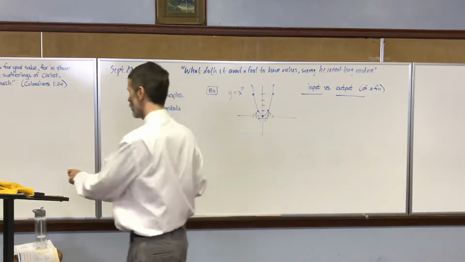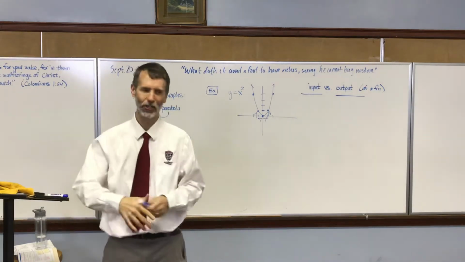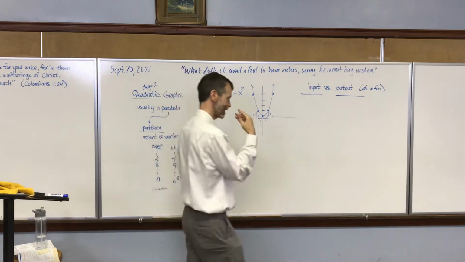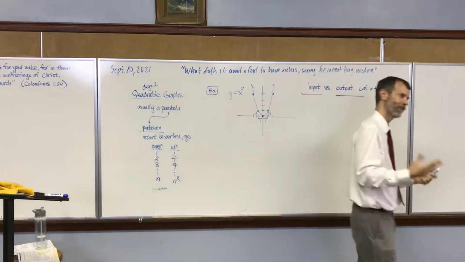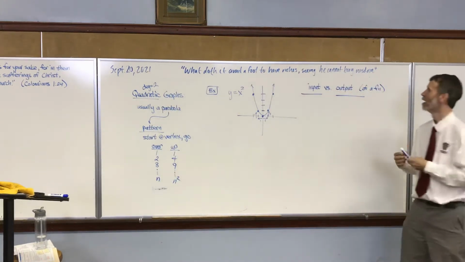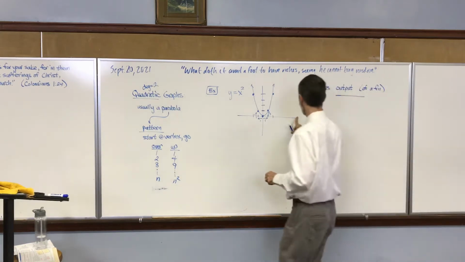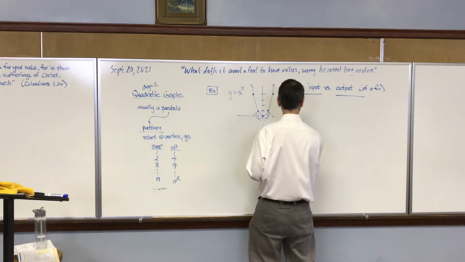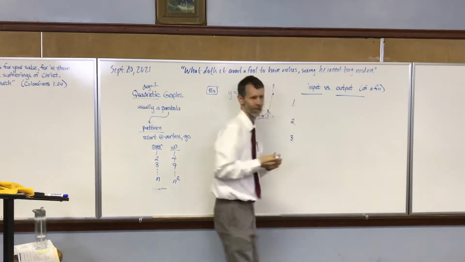A function by definition is one input yields one output. You plug one thing in, you'll get exactly one thing out, not 2 or 5, which is 1. When you're talking about input versus output, there are 3 key differences.